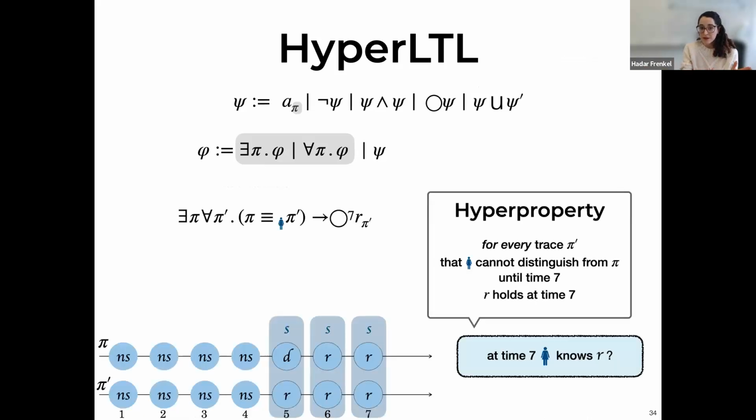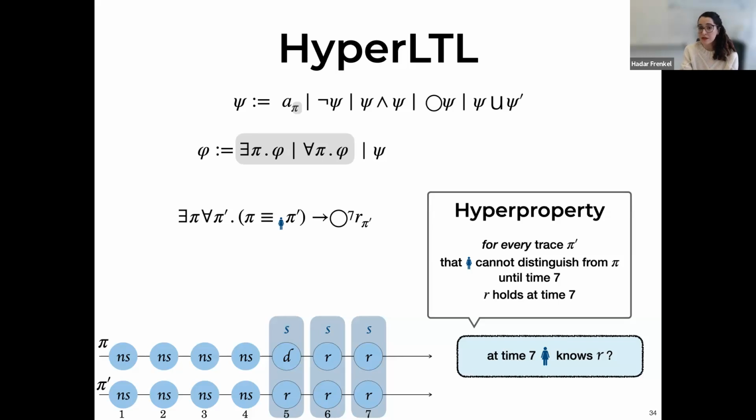So there is a formula here. The formula is equivalent to what there is in the text, in the natural language, and you can just choose whatever you feel more comfortable with. But this formula states that for every pi prime that is indistinguishable for the blue agent from pi, from the original trace, then the message is received at time 0.7 on pi prime.